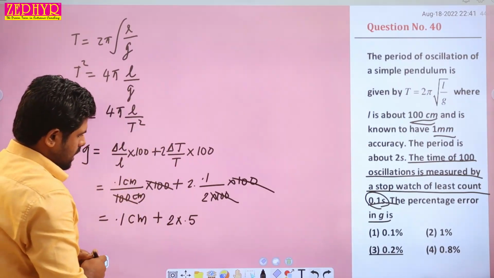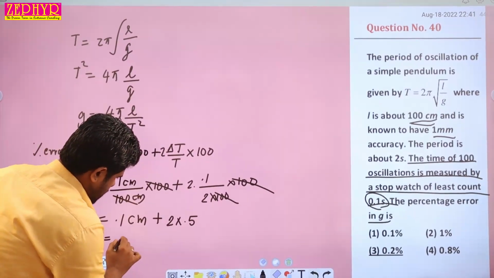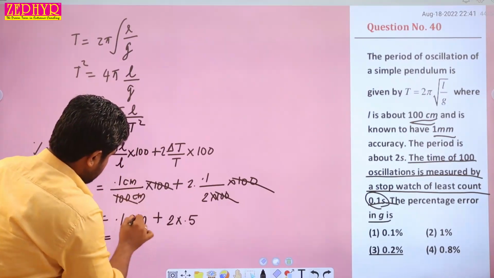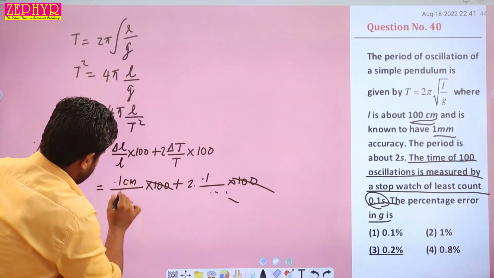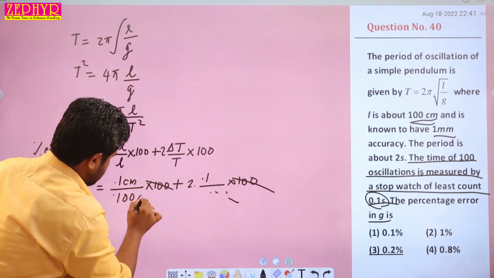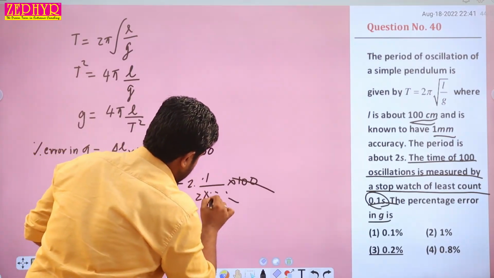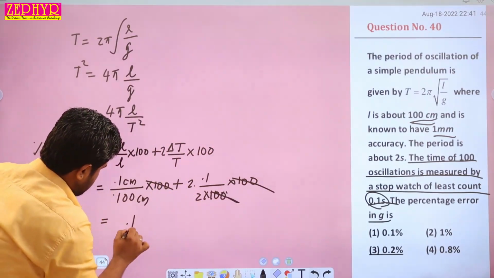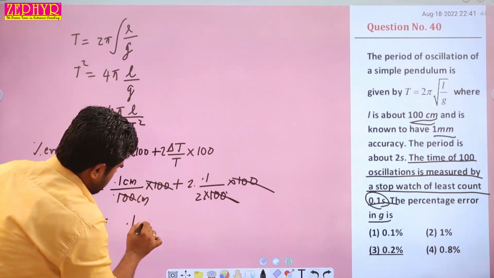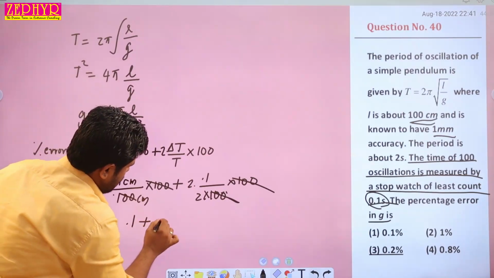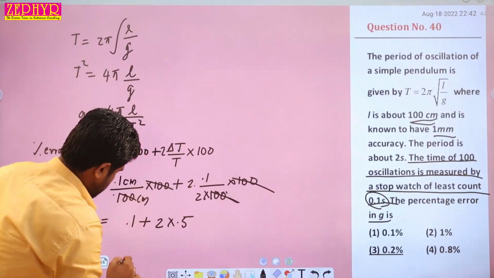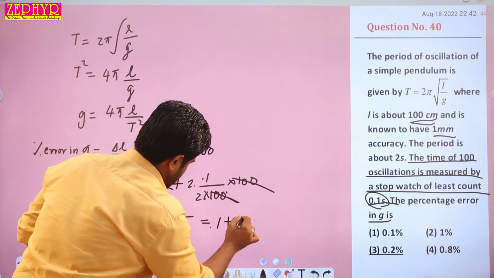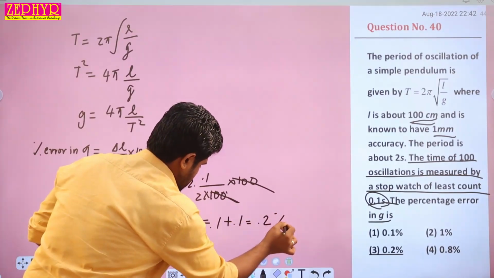The right answer is 0.1, sorry, there is no centimeter, 0.1 divided by 100, then here 2 into 100, hundreds are cancelled each other, then 0.1 plus 2 into 0.5, that is equal to 0.1 plus 0.1, that is equal to 0.2 percentage.